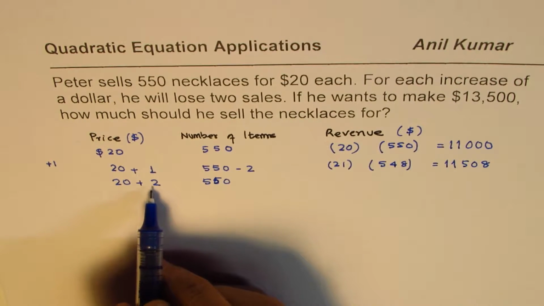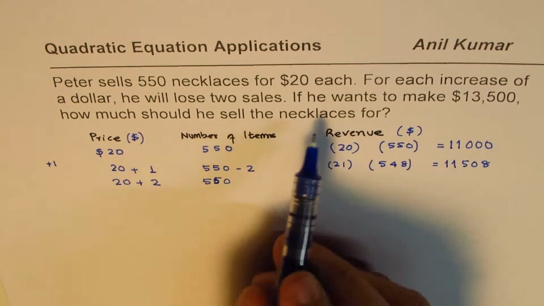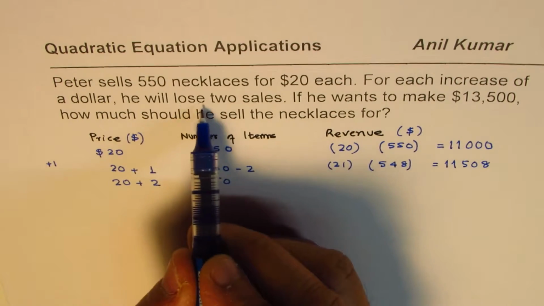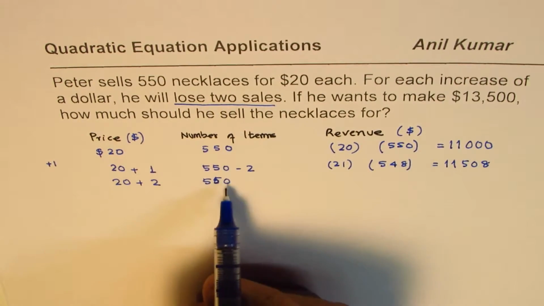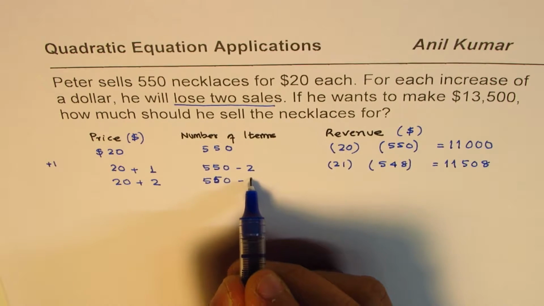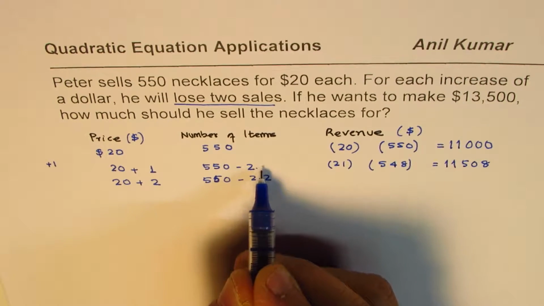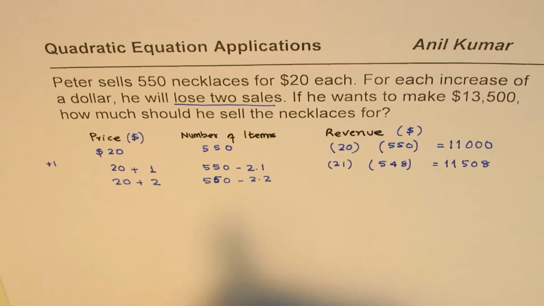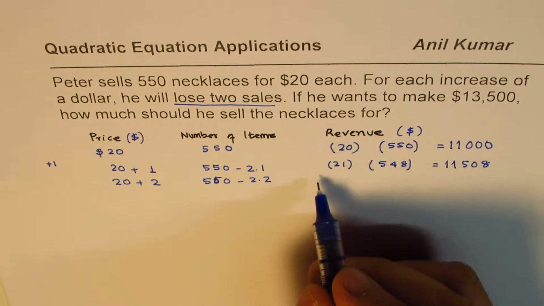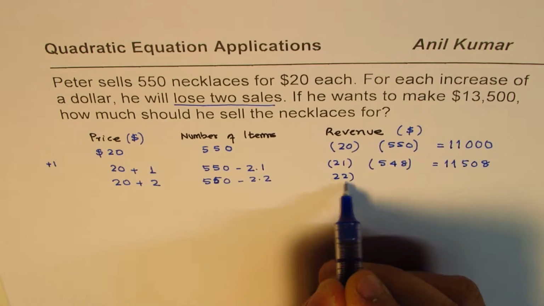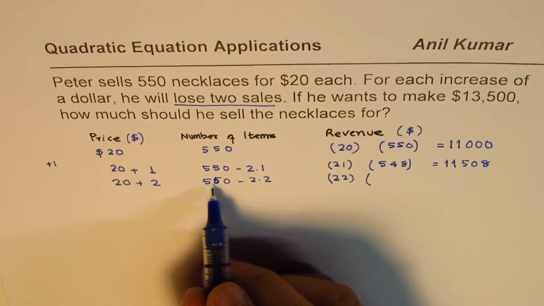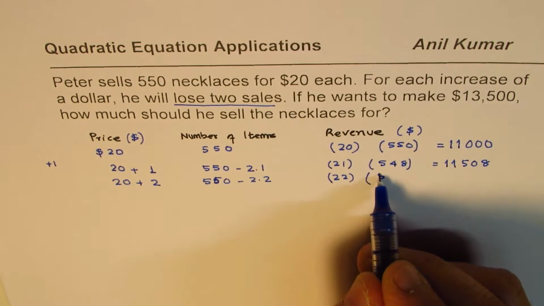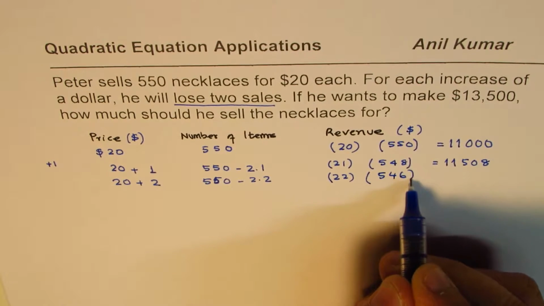Do you see that? That is important. If you increase by $2, it loses 2 sales per dollar, so it will be a loss of 4, 2 times 2. Do you understand? So for $22, we could sell 550 minus 4, so it is 546.